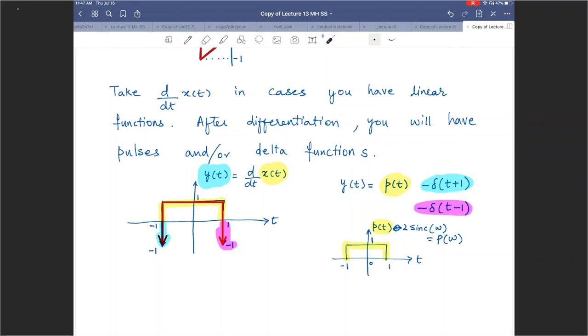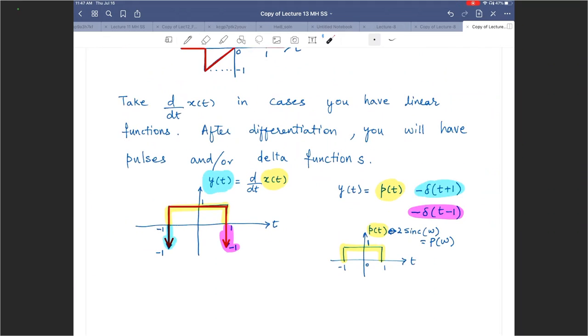Next, I need the Fourier transform of impulses. So what is the Fourier transform of delta of t? Let me write it over here. Maybe I can write it in blue. Delta of t. What is the Fourier transform of that? 1. We know that. So what is the Fourier transform of delta of t minus 1? Time shift property. 1 times e to the negative j omega.